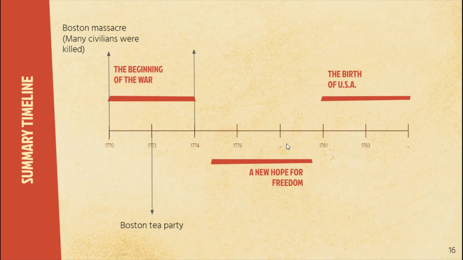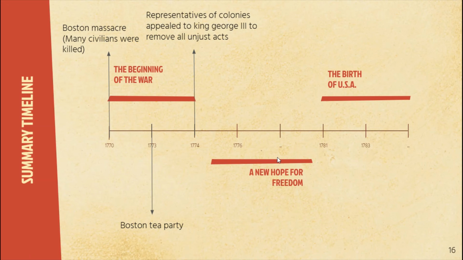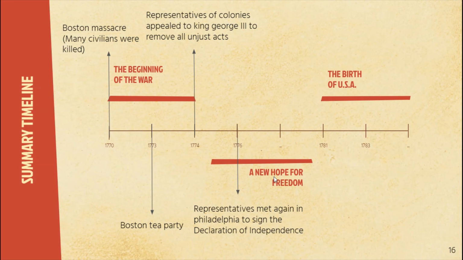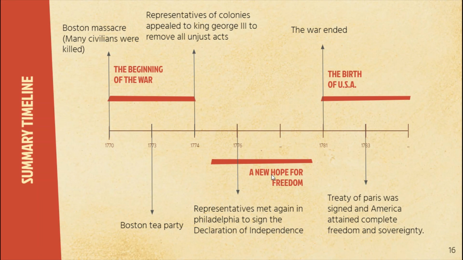In 1774, the representatives of the colonists sent that message to King George to remove all unjust acts. And in 1776, the representatives met again in Philadelphia to sign the Declaration of Independence. In 1781, the war ended. In 1783, the Treaty of Paris was signed and America attained complete freedom and sovereignty.